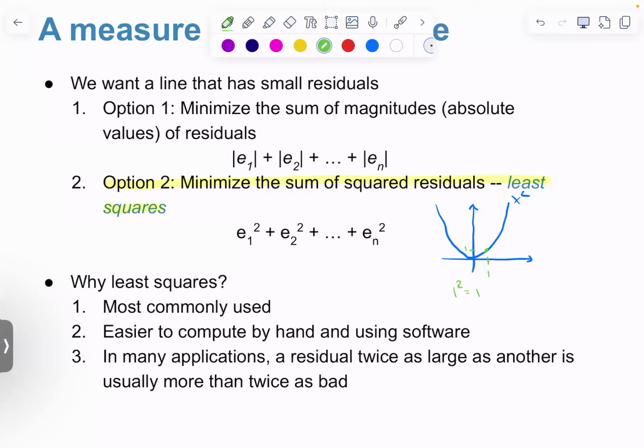But if I move out a distance of 1 to x equals 2, what does that do? 2 squared is 4, right?